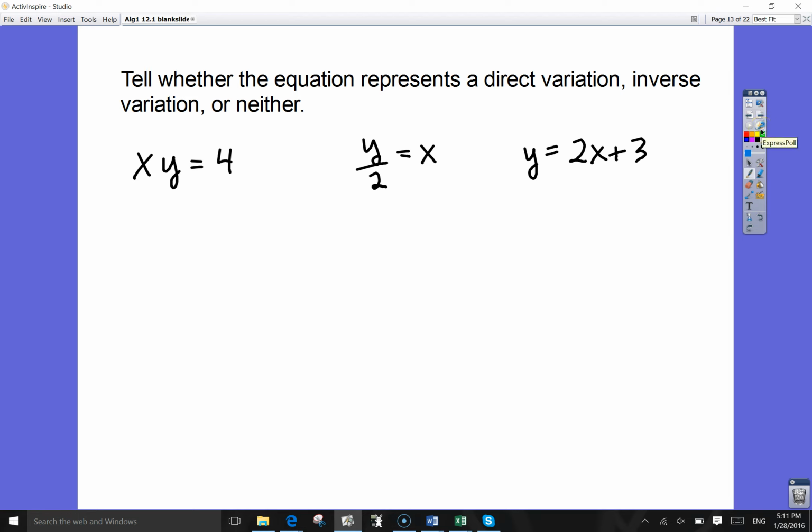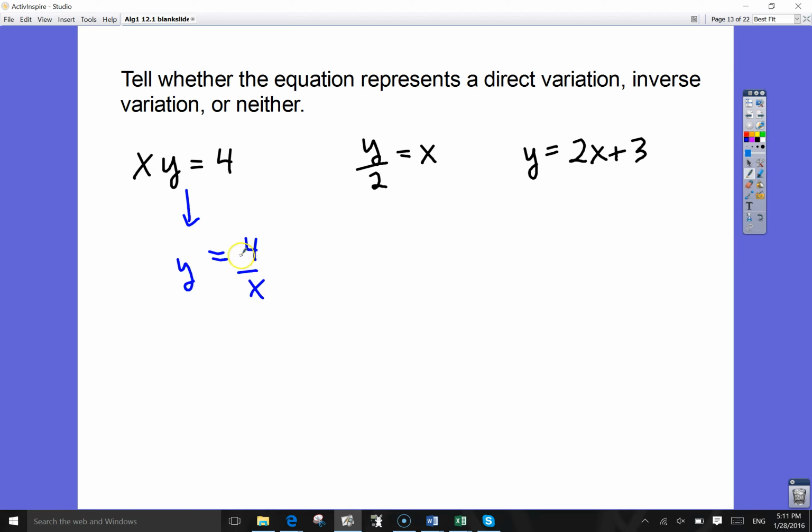Okay, tell whether the equation represents a direct variation, an inverse variation, or neither. Well, before we try to say that, I would solve for y, because that would make it look like the general form of either one. Like this one here, if I solve for y, it looks like y equals 4 divided by x, right?